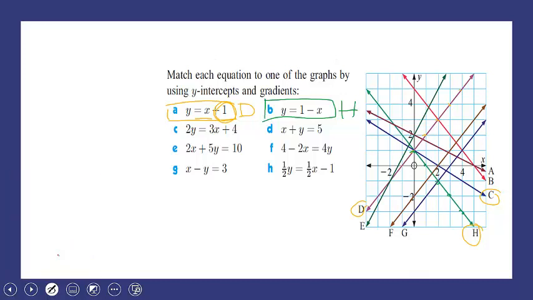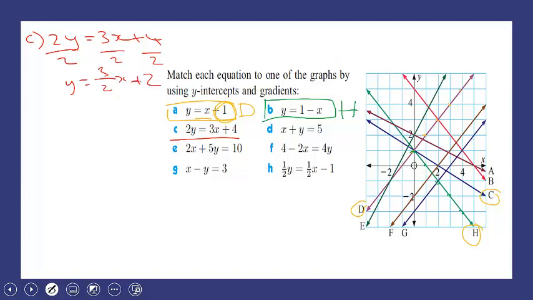Next up, I'm looking at C. 2y equals 3x plus 4. Now, in order to answer this, I must simplify. So for C, we say 2y equals 3x plus 4. I divide everything by 2. So y equals 3 over 2x plus 2.